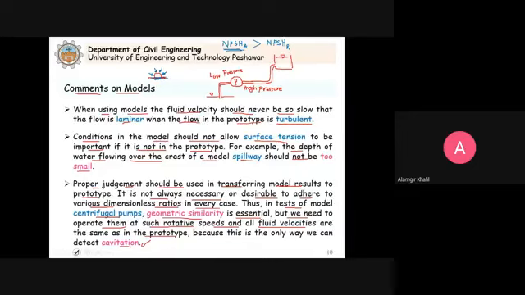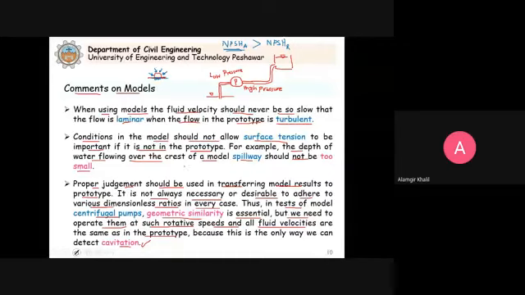So just to wind up the discussion here, it is stated that in order to detect the cavitation, we have to operate the model at such rotative speeds that all fluid velocities are the same as in the prototype, because this is the only way we can detect the cavitation.